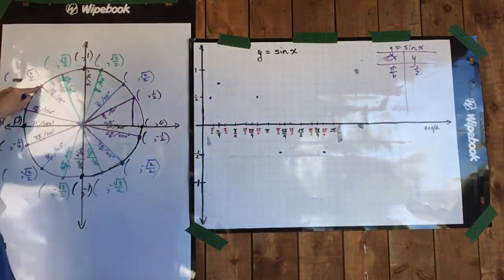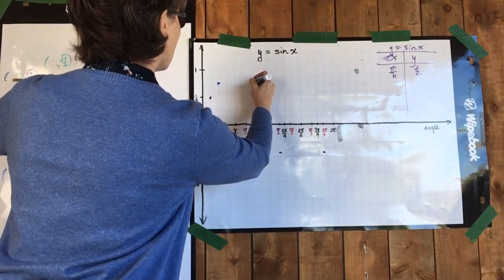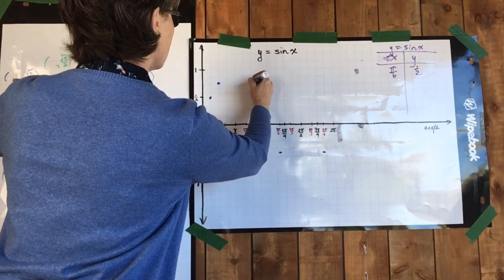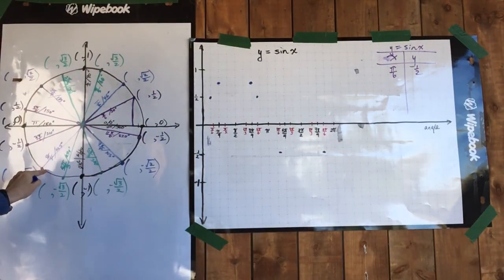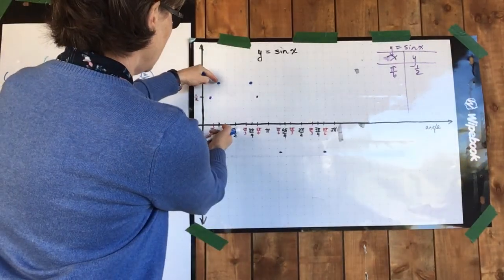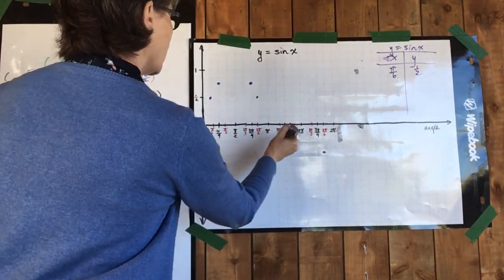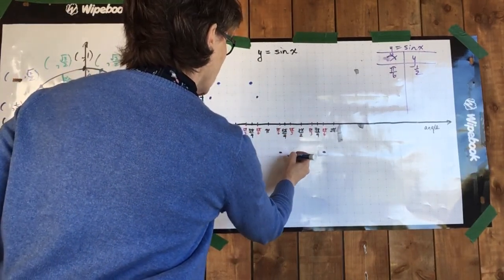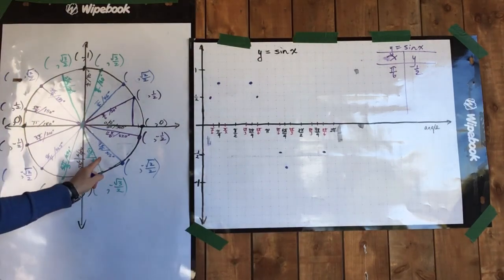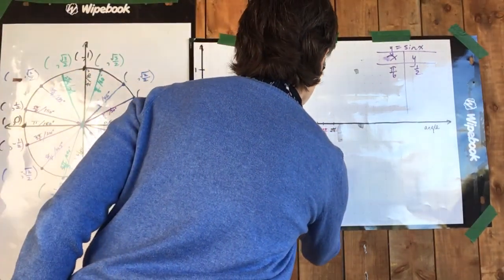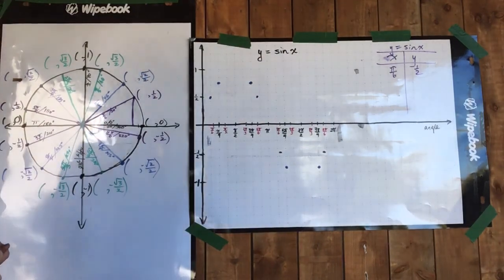The next one, 3 pi over 4, is also here. And then blue down is 5 pi over 4, that same distance down. So 1, 2, 3, 4, 5, and a little bit grid marks. 5 pi over 4 is there, and also 7 pi over 4 here. So those are actual points on the graph y equals sine x as well.